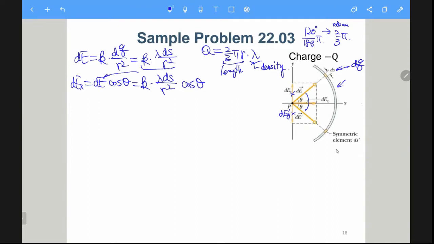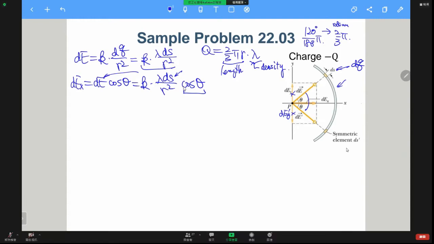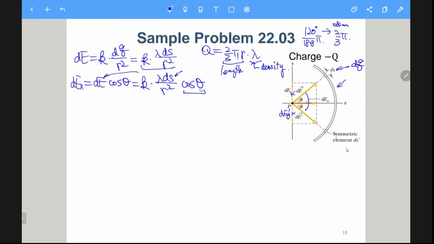Okay, so the next step: as much as we have the variable to be theta, but here we have ds, so we need to do some variable change, or just a u substitution, so that we make this one d theta, so that we can finish off this integration. Otherwise, here we have ds and theta is another function, then there will be some problem for the integration.